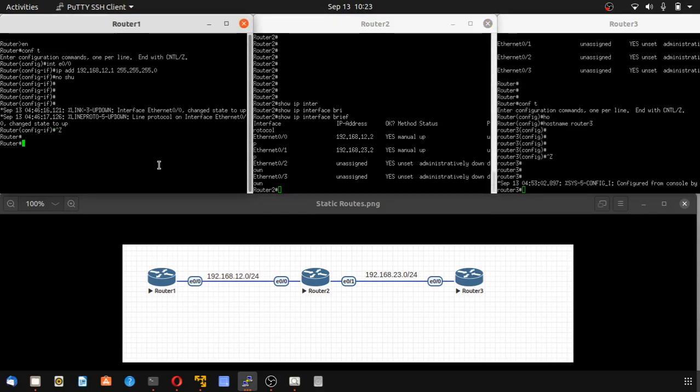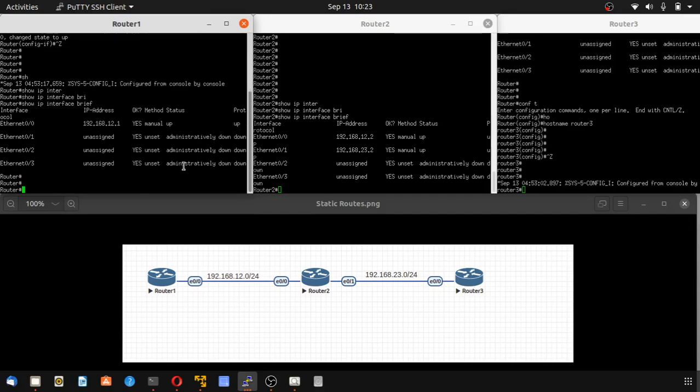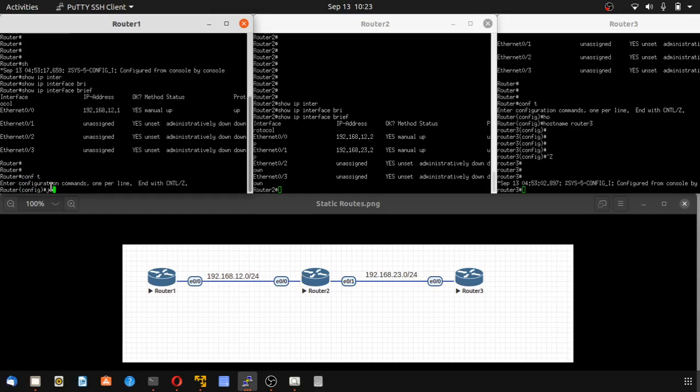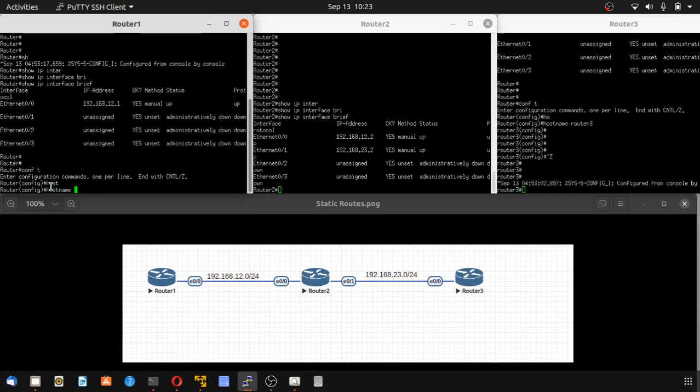The same way we can verify in router 1 with show ip interface brief. On this router we have only 1 interface. So okay, host name router 1.